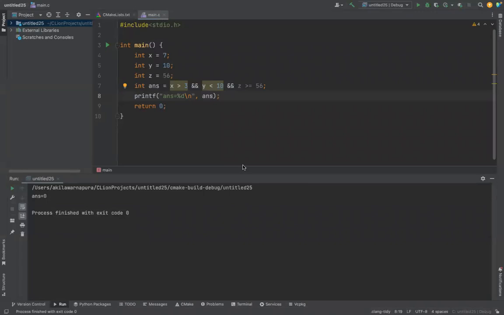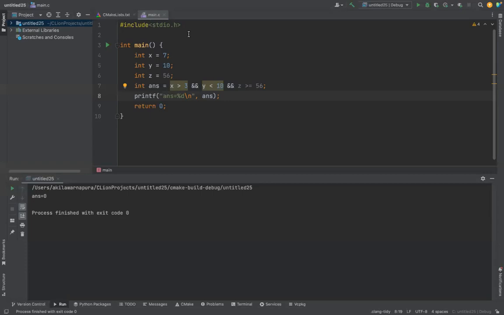There is another one. Can't we get output as true or false like Python? Yeah, according to my knowledge, there is no data type called true or false in the C program. In the C language, there is no true or false like Java or Python. So Java, Python, you have the Boolean value true or false, no?